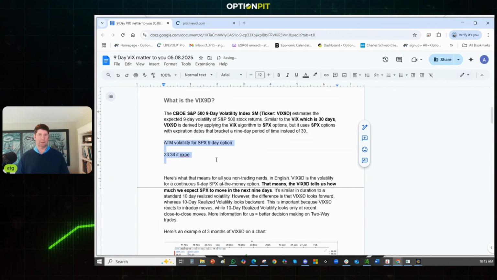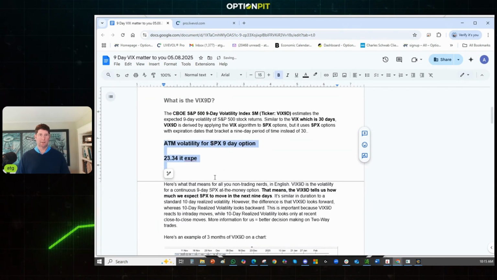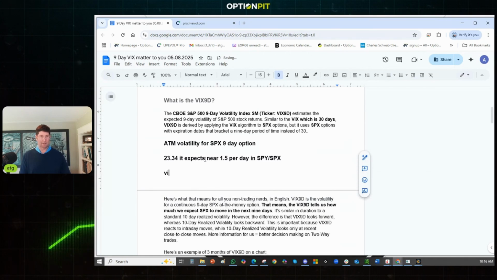And I'll write this a little bigger for everybody. It expects near 1.5% per day in SPY, SPX. Again, SPX is just 10 times SPY. So now every 16 points in the 9-day VIX is 1% in SPY.